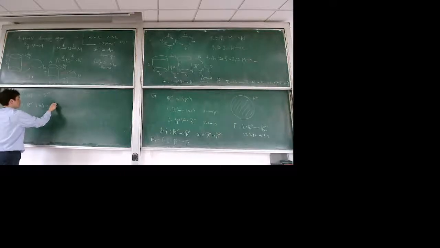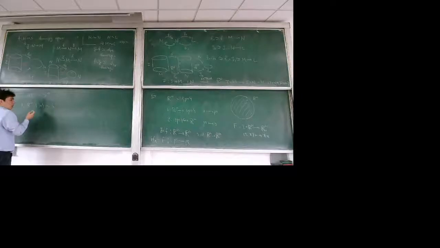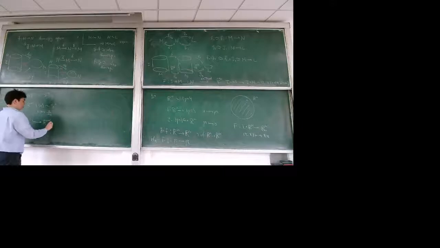For instance, f can be defined as I mentioned: x goes to x divided by |x|, into S^n. And g is an inclusion map.